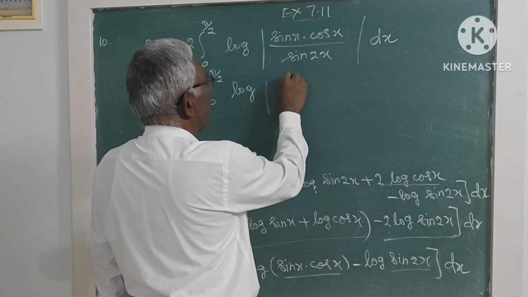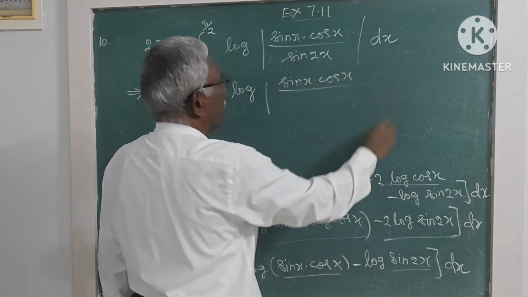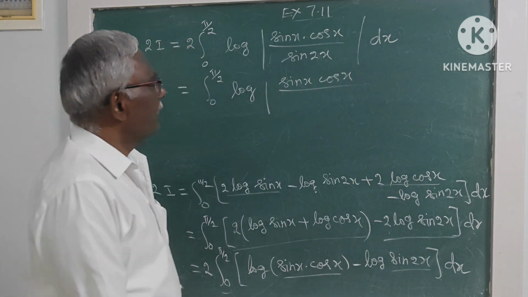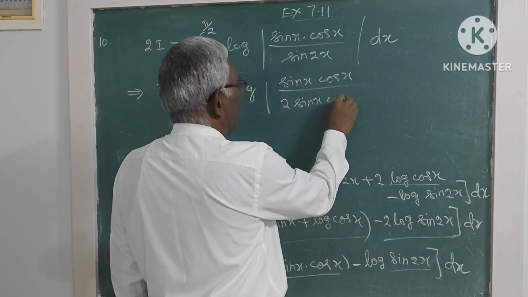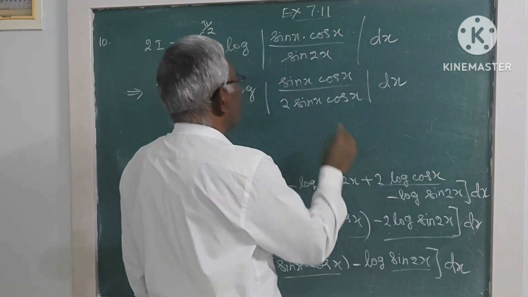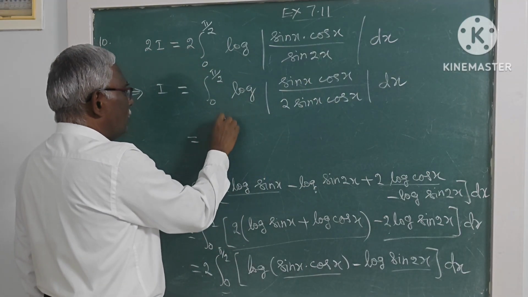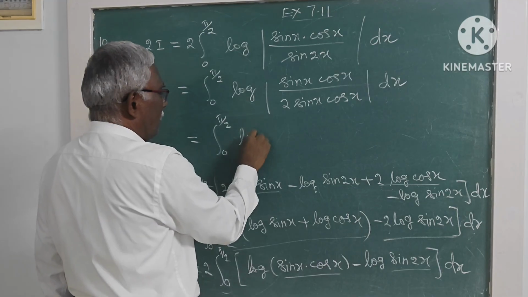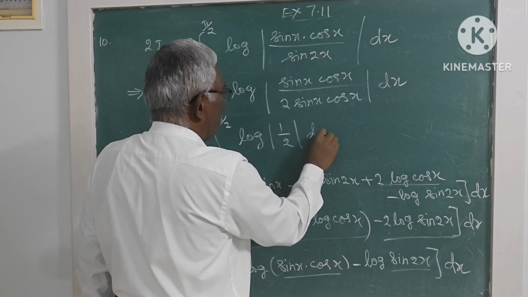Sin 2x we can write as 2 sin x cos x dx. So this reduces to integral 0 to pi by 2 log 1 by 2 dx.